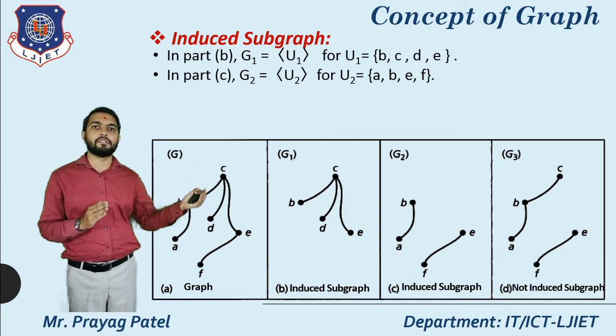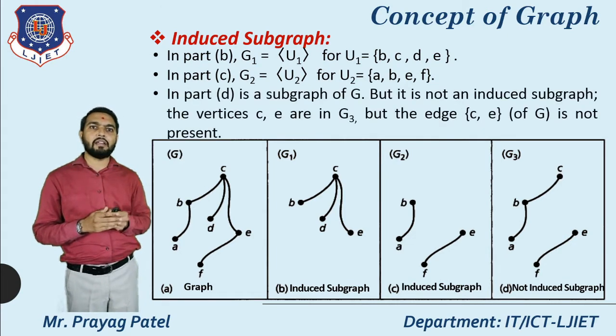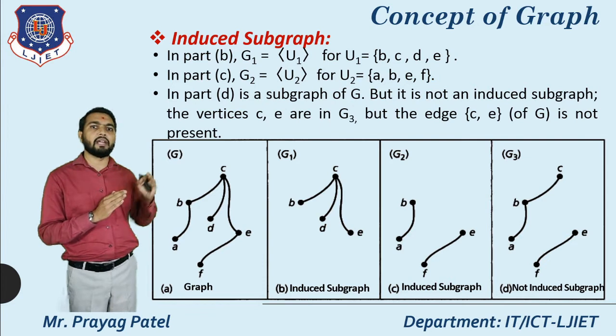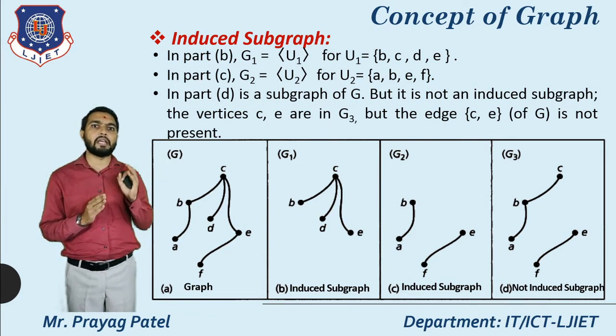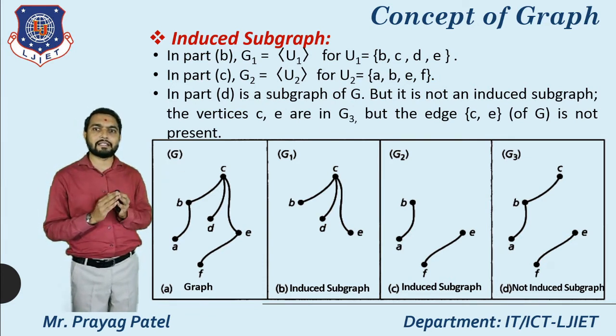Now for the graph G3, we check how many vertices are available. So A, B, C, E and F, five vertices are available.